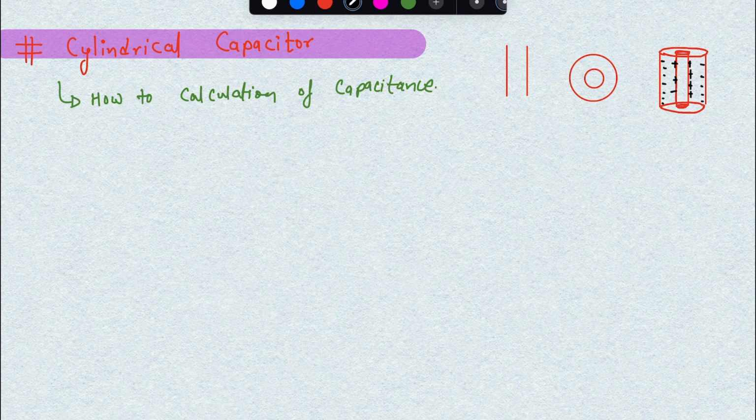Now if the cylinder's radius is quite large, these two surfaces are very near to each other, and in that case it becomes kind of a parallel plate capacitor. You can apply the concept of the parallel plate capacitor and get the idea from there.